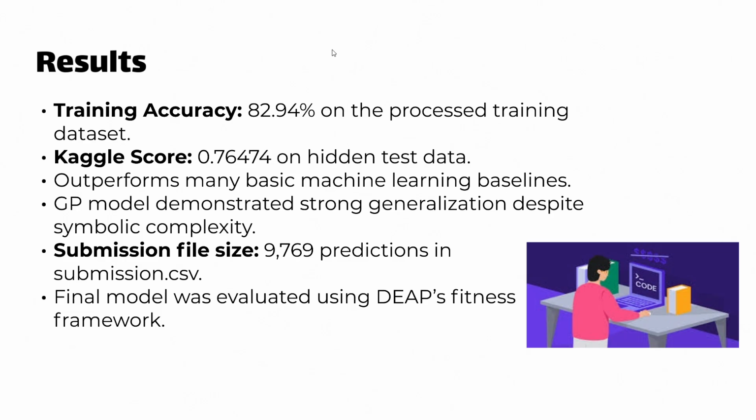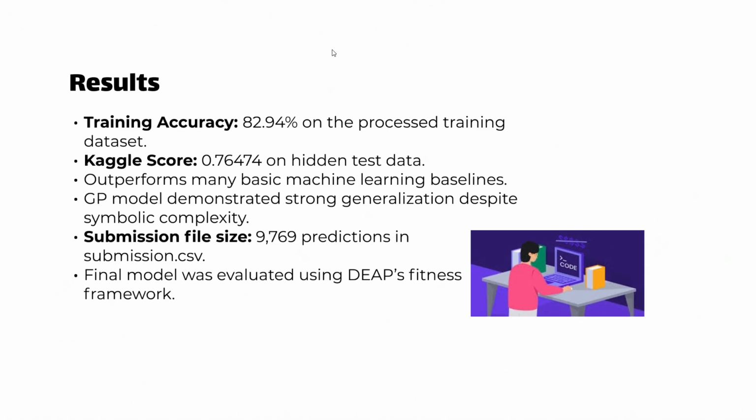Our final Kaggle score was 0.76474, which is competitive considering the difficulty of the dataset and the fact that we only used GP and not any other standard machine learning methods. The submission contained 9,769 predictions in the correct format. Overall, the GP approach performed strongly.